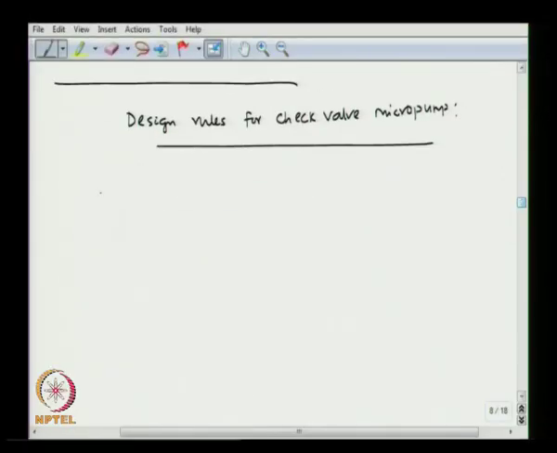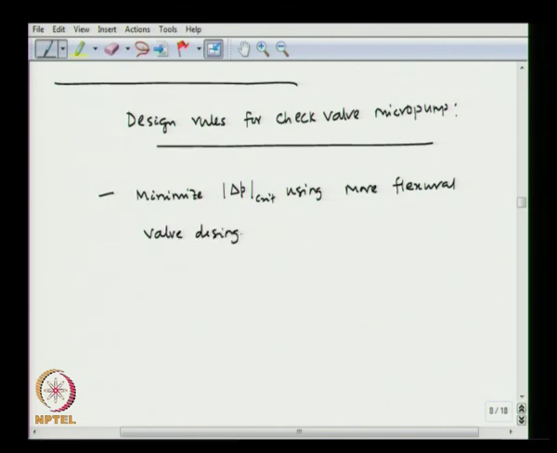So, one important thing will be to minimize the critical pressure using more flexural valve design or using material with small Young's modulus.